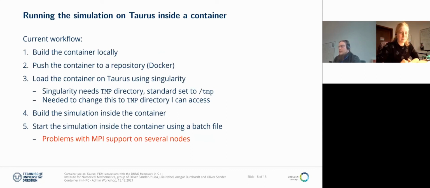I have a question. You said that you use Singularity on Taurus, and why did you decide to use Docker images? Because the source software was provided as Docker, or because it was easier to deploy on your local machine, or something else?